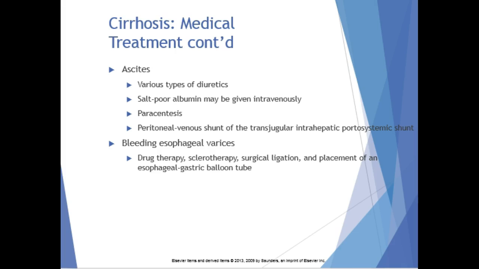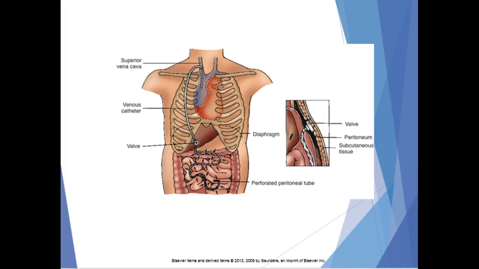As far as bleeding esophageal varices go, like I said, there could be drug therapy, sclerotherapy, surgical ligation, or placement of an esophageal gastric balloon tube, which would provide pressure to the bleeding varices and they would clot off.